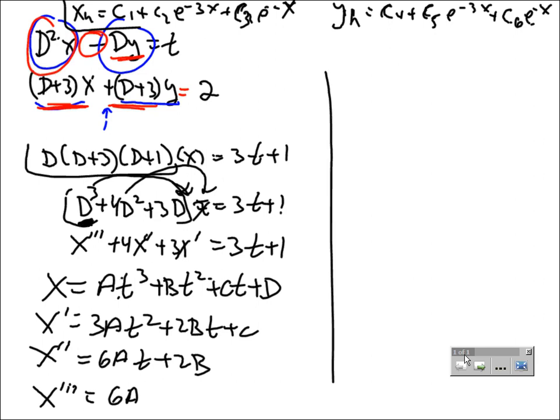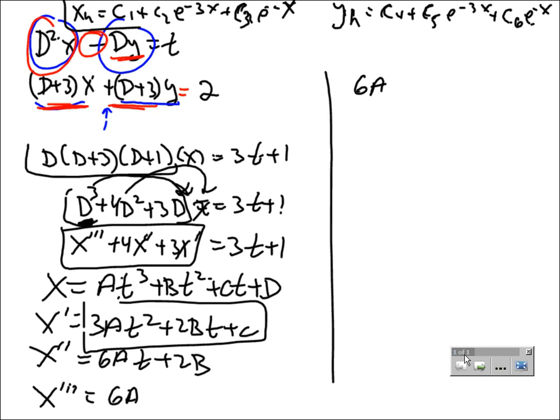Now I use this x triple prime plus 4 times this, 12at squared plus 8bt plus 4c. Then I add on 3 times x prime. Oops. Enough of mistakes.